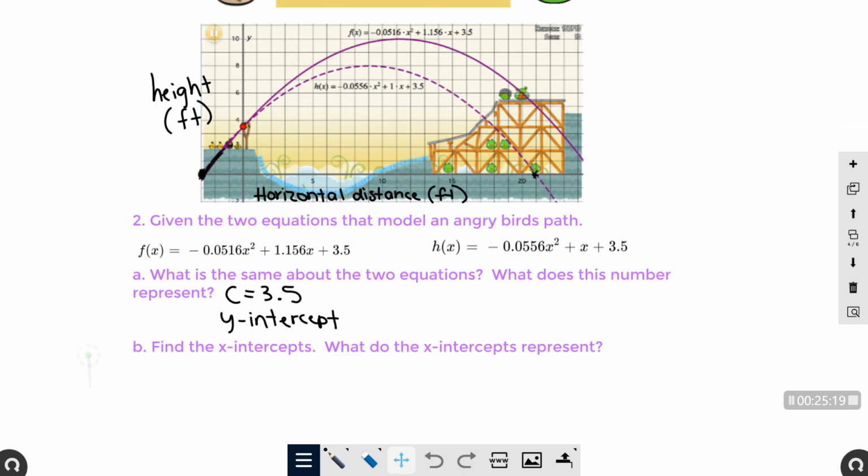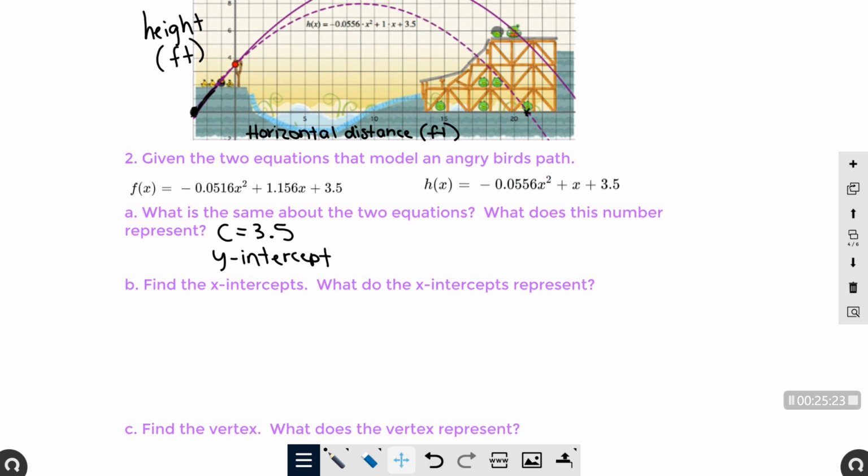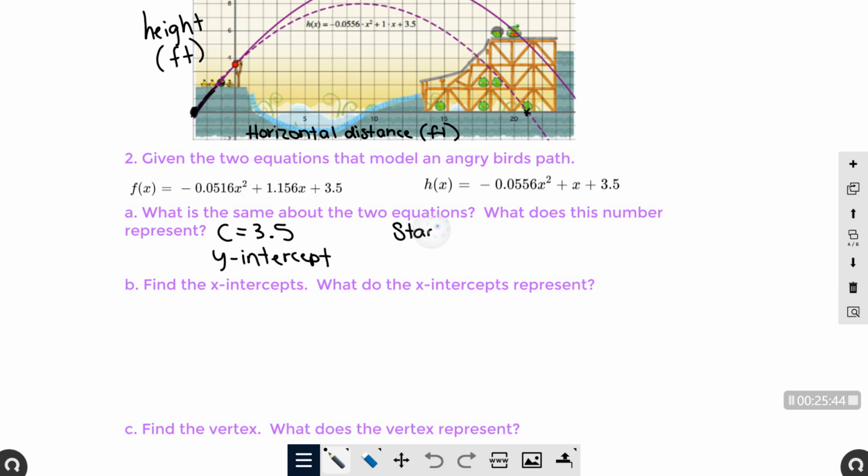Now, since this is also a word problem, we want to think about what is this 3.5 in relation to the angry birds. It's the starting height. That's right. If it is a y value, it's got to deal with the y-axis, which is the height, and it's our starting height or our initial height. So this is the starting height of the angry birds.